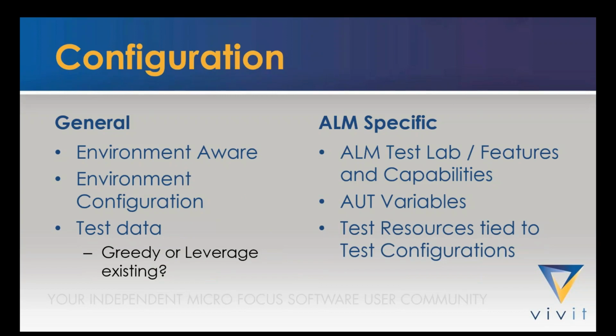So in configuration, there are a couple of things to think about. One is your environment awareness. Your tests that you're putting forward should work just as well in all of your environments in your SDLC process. So you think about that diagram that Richard showed, some dev environments working forward to your environments leading up to production.